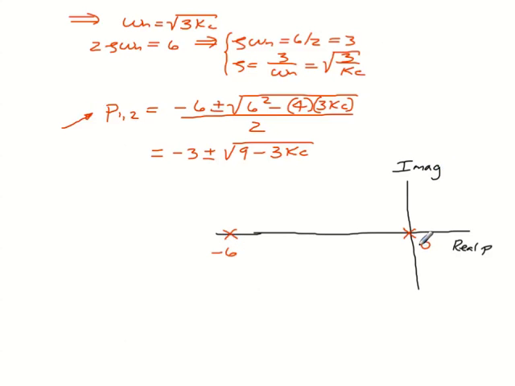As you increase Kc in a positive way, this pole on the left moves to the right, and the pole on the right moves to the left. Where they hit each other is going to be where the real part is minus 3.